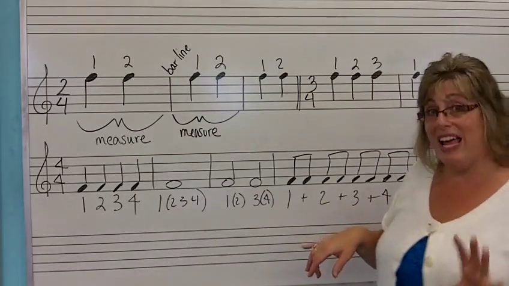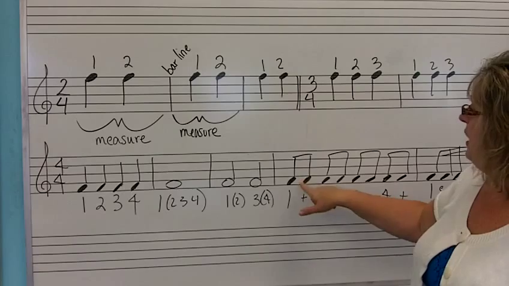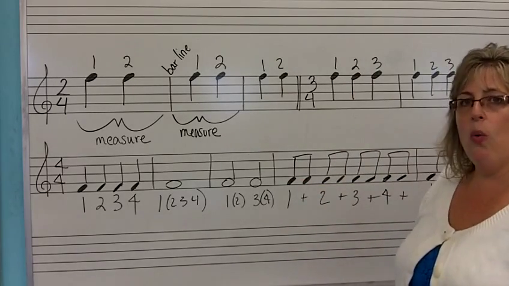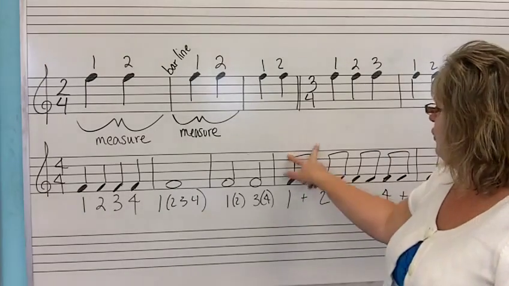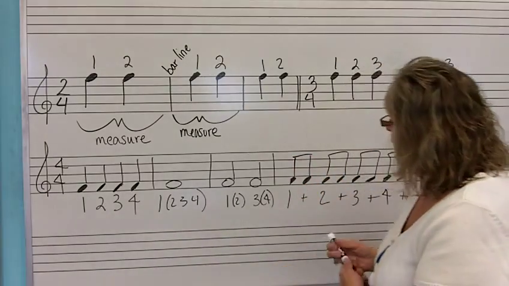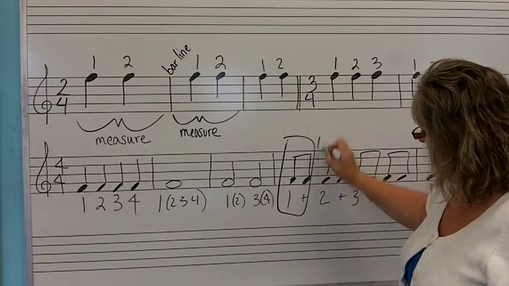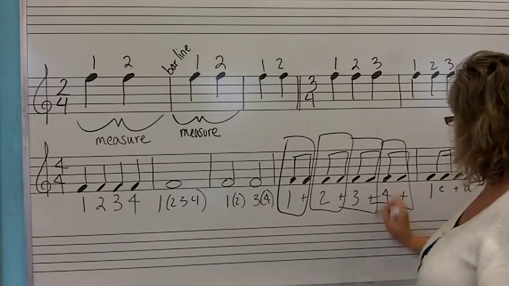If I were to have eighth notes, as I said in part 1 of rhythm, it takes 2 eighth notes to equal 1 beat. So what we would do is it's called subdivision. So 2 are in the place of 1 beat. So here's 1 beat, here's 1 beat, 1 beat, 1 beat.